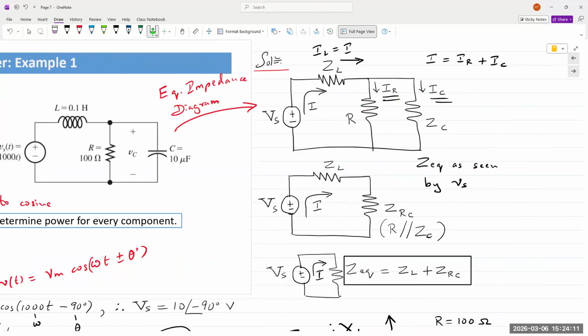And that is what we are doing. Let's take it step by step. Source supplies the current, goes in this direction. When it gets here, it splits in two. This becomes IR. This becomes IC. IL is the same current as I.